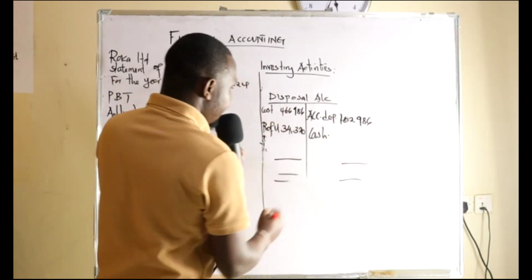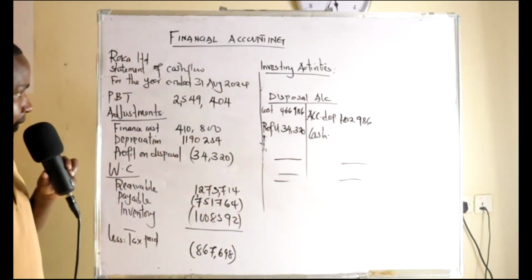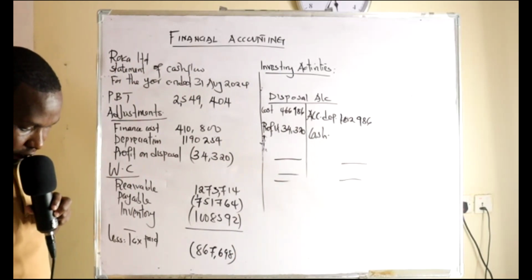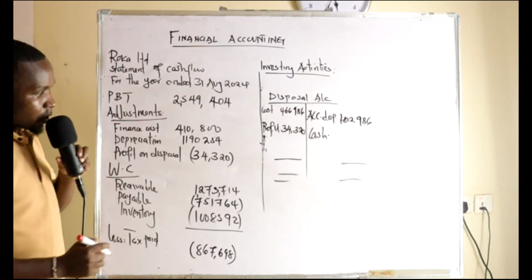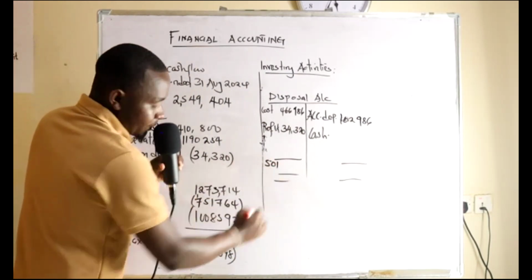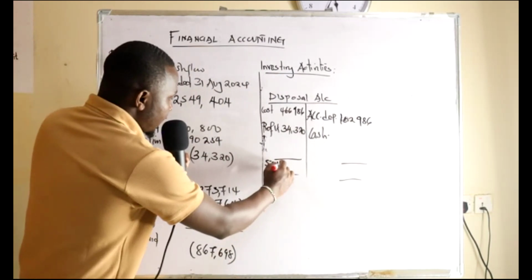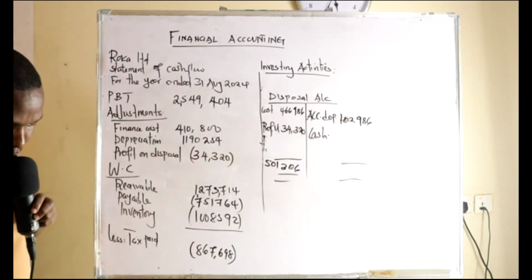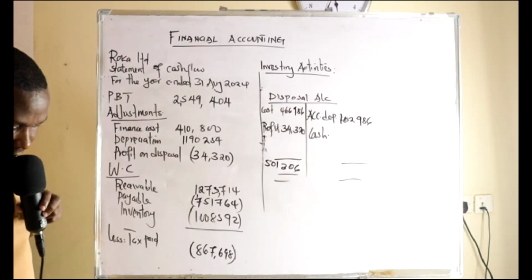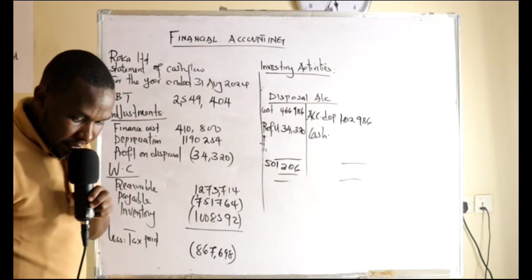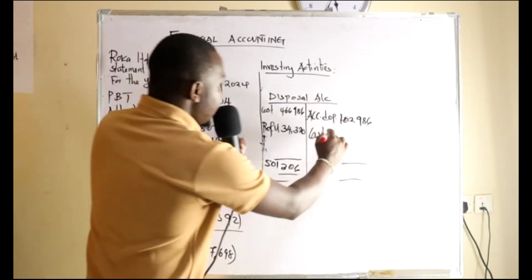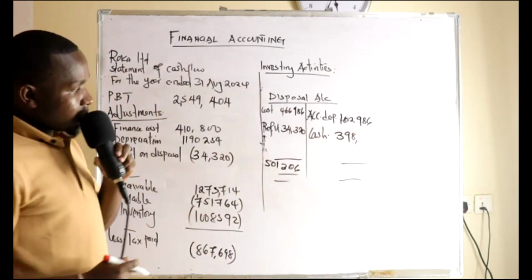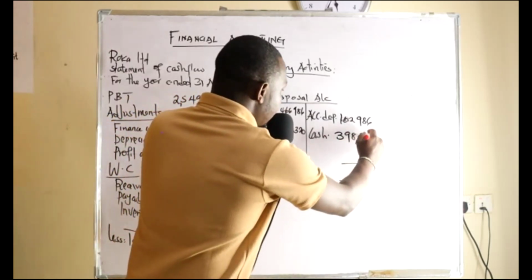The balancing figure is the cash. So I will take 466,986 plus 34,320. I'm getting a total of 501,306. So subtract 102,986, so that we get 398,320.